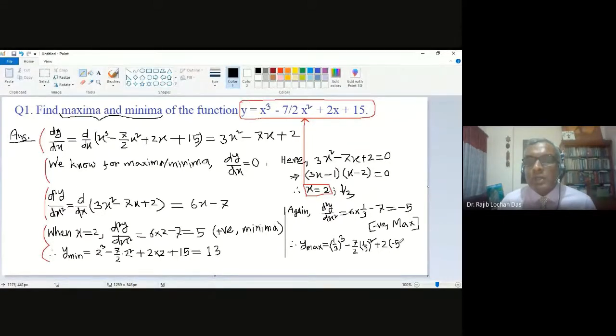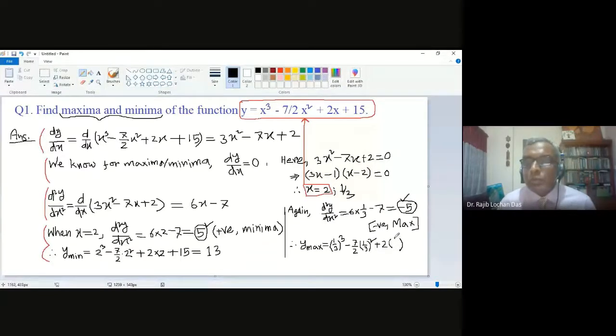This minus 5 will be used only to know the sign, plus or minus, that's it. This minus 5 or plus 5 will not be used anywhere. People make the mistake of putting this minus 5. No, that is not the thing. You will put that 1 by 3, that is the x value.